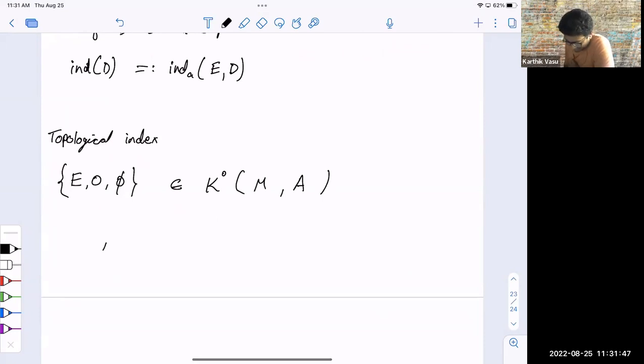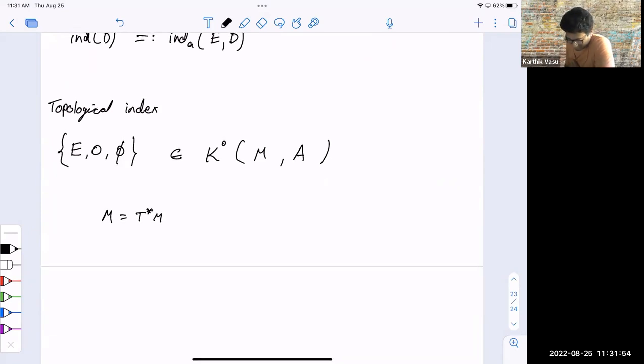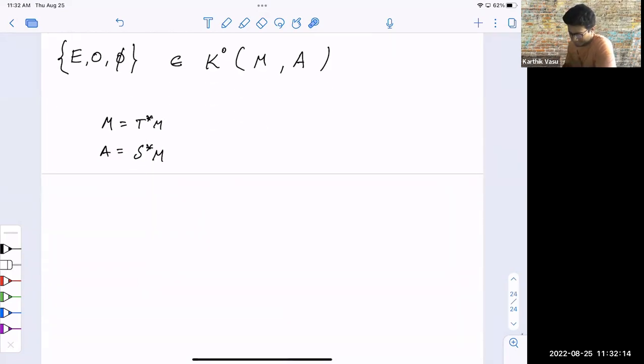So M will be the cotangent bundle, and A will be the unit sphere bundle. So in the cotangent bundle, at each vector space, just take a unit circle and patch them together. That will be a closed subset, and I'm taking that subset. All right.